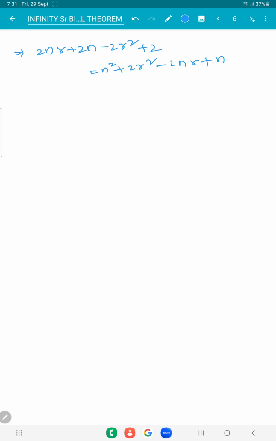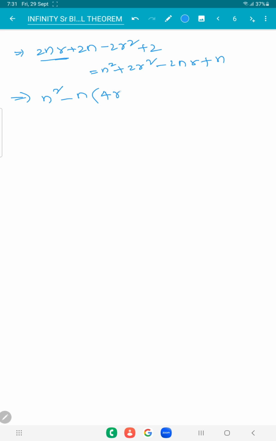The expression we need to show is in the form of n square. Write everything on the right hand side. N square minus n should be common. What we have here, n should be common, this is 2nr. If it comes this side, minus 2nr. So n is common, minus is also common.